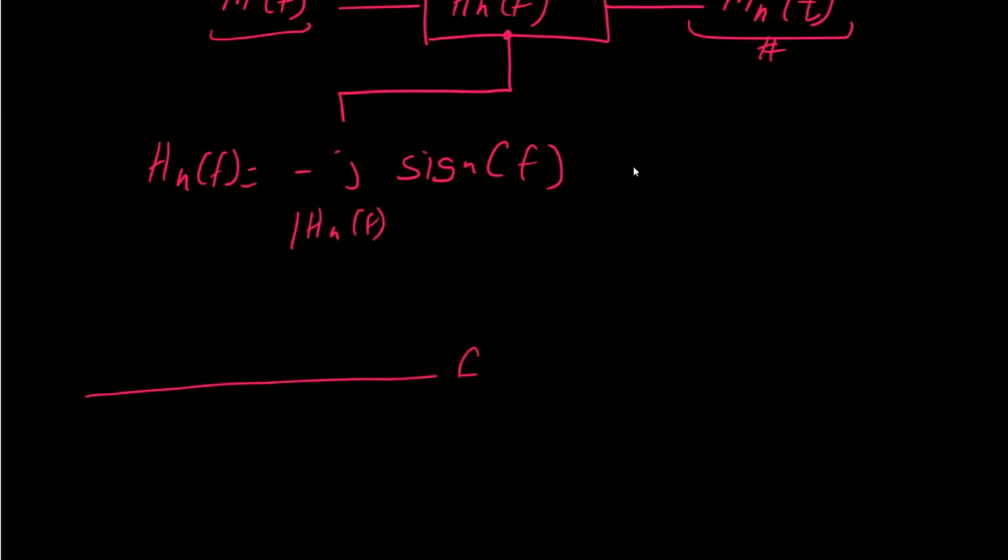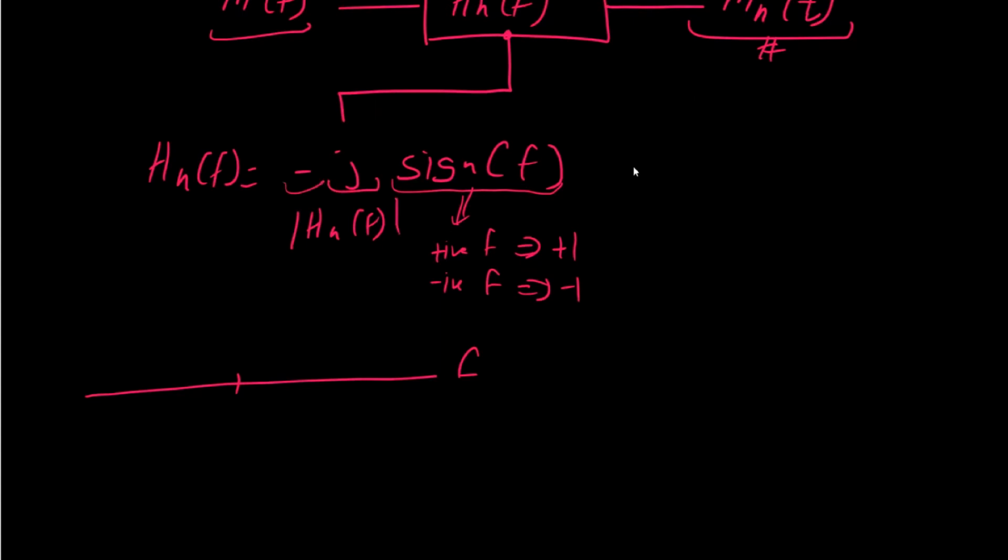If we take the magnitude response of this, that is h of f with respect to f, then for sine of f, if f is positive we would always have this outcome, so this would be +1. For negative f, this would be -1. At the same time, we have a j and a minus.